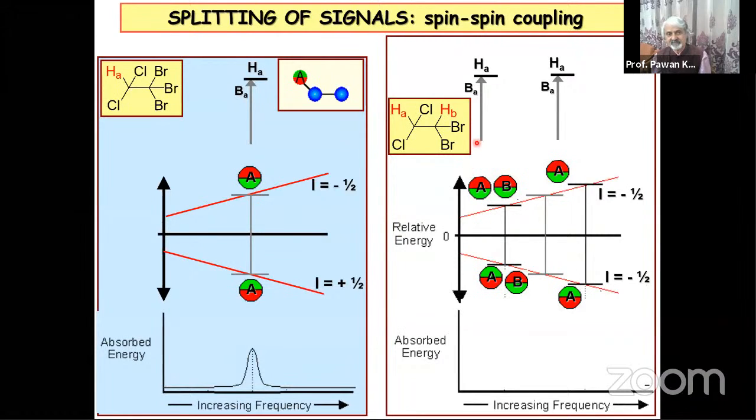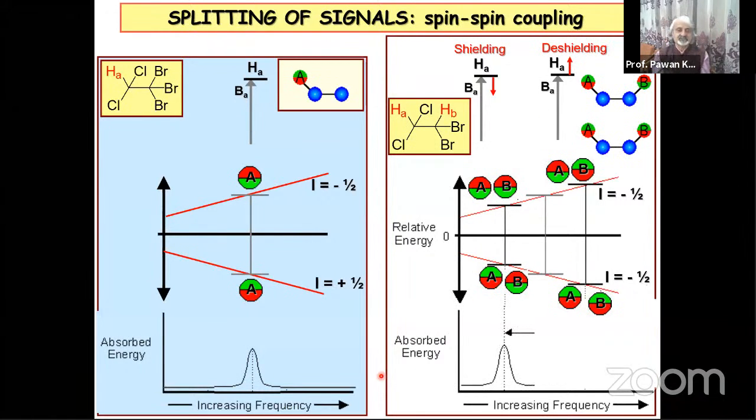So this is already B effective of HA. But now I have nearby nucleus HB, which is aligned against B0. There would be a shielding influence, because the magnetic field of B is aligned against the applied magnetic field. And when the hydrogen B's field is aligned with the applied magnetic field, the HA would be deshielded.